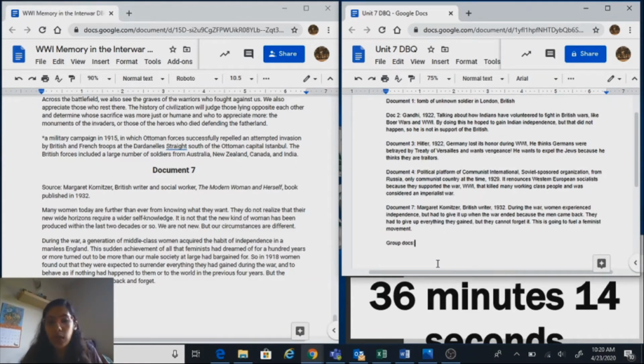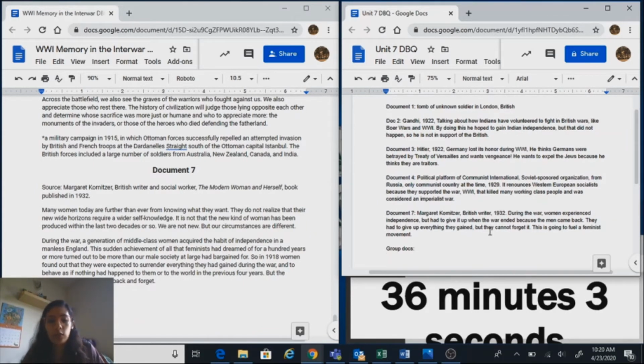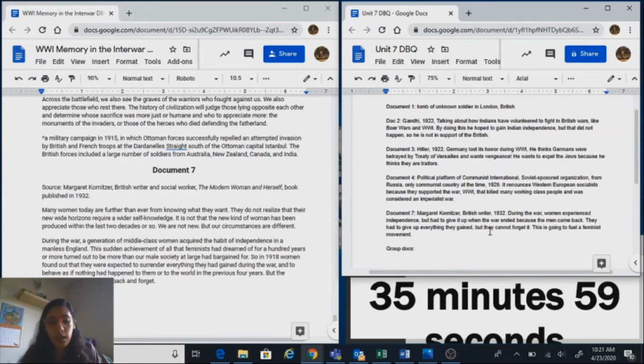Okay, so now I'm going to group my documents. And you want to group your documents into what do these documents have in common. So I'm only going to choose documents 2, 3, 4, and 7. My first group of documents is going to be documents 2 and 3.